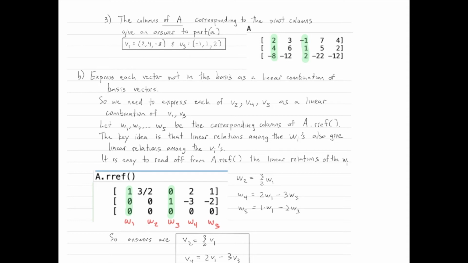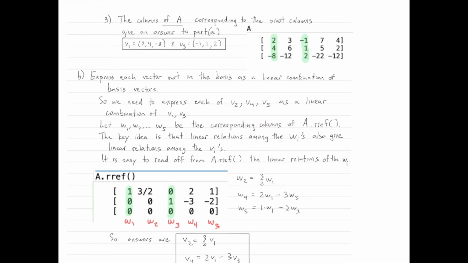And once again, it turns out that we refer to the reduced row echelon form of A. And the key idea is that, first of all, let W1 to W5 be the corresponding columns of the reduced row echelon form of A.